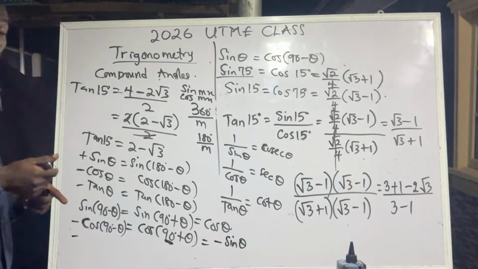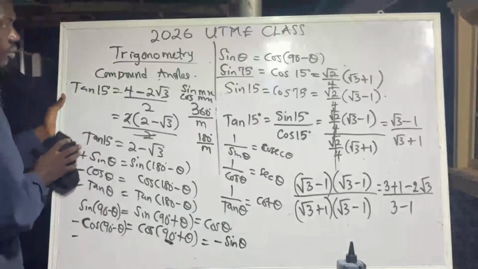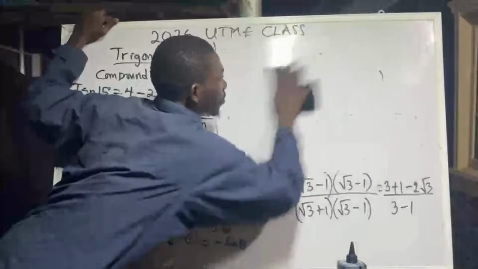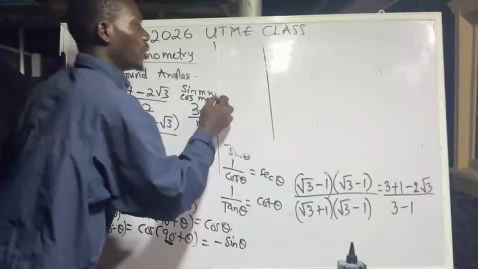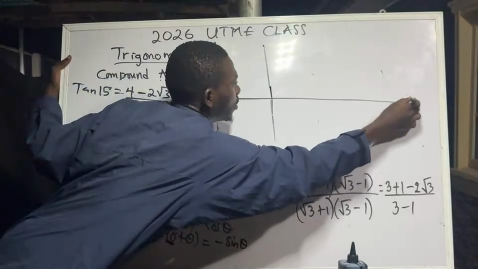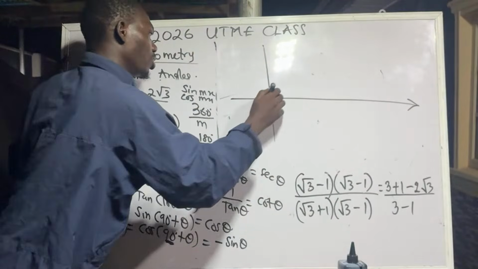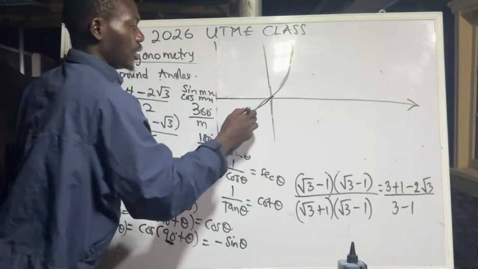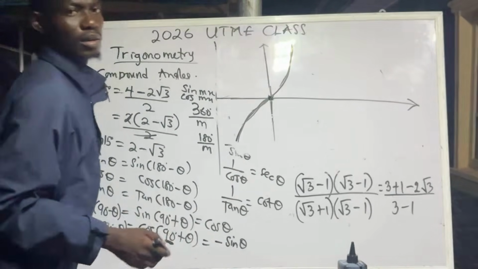I actually want to explain the graph of tangent. Okay? So let me rub this one off. Okay, let me come back. So for tan, yes, it passes through the origin like this. Know that it passes through the origin. It intercepts the y-axis at 0.